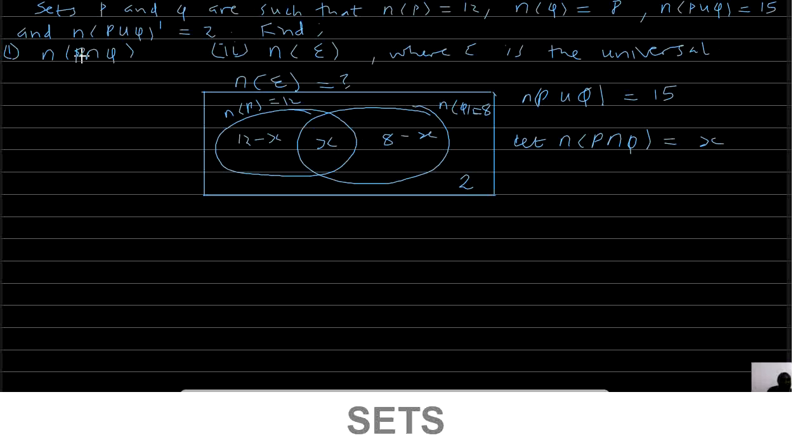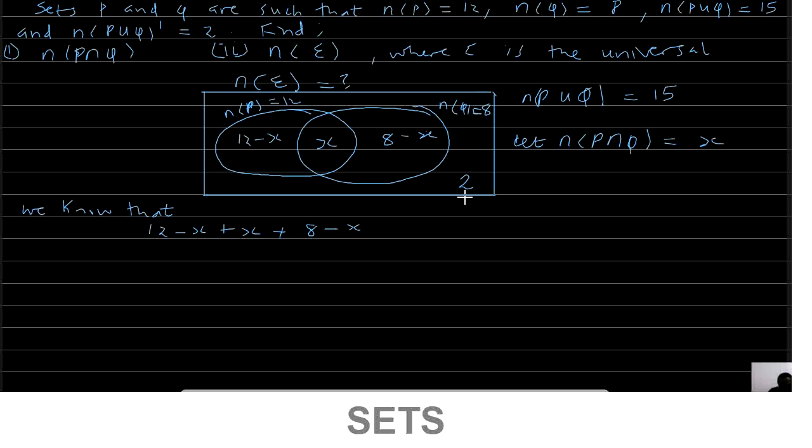Now to find the number of elements in P intersection Q, we know that when we add all of these elements inside here, we shall be able to get the union. So we shall have 12 minus X plus X plus 8 minus X, only these ones in sets P and Q. When you add whatever is here, we should be able to get the union.